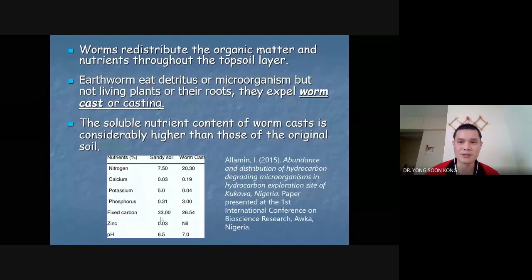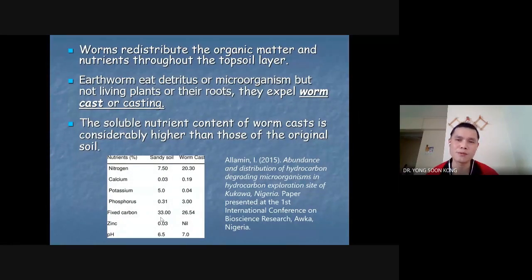You see, this so-called feces, we have a different name for these worms. We call it worm cast at point number 2. Okay, so whenever they go, they expel this worm cast, and actually this worm cast is one of the best fertilizers available for plants. Don't believe me? Have a look at the table.